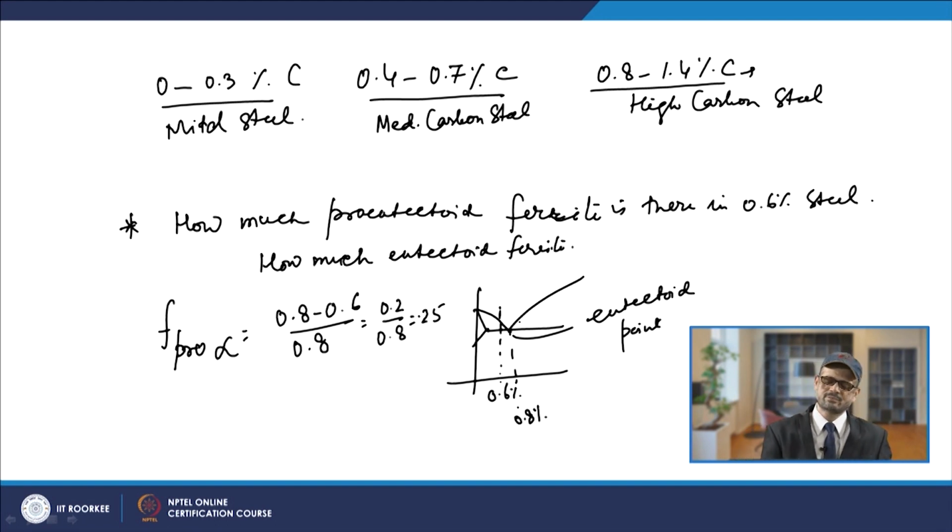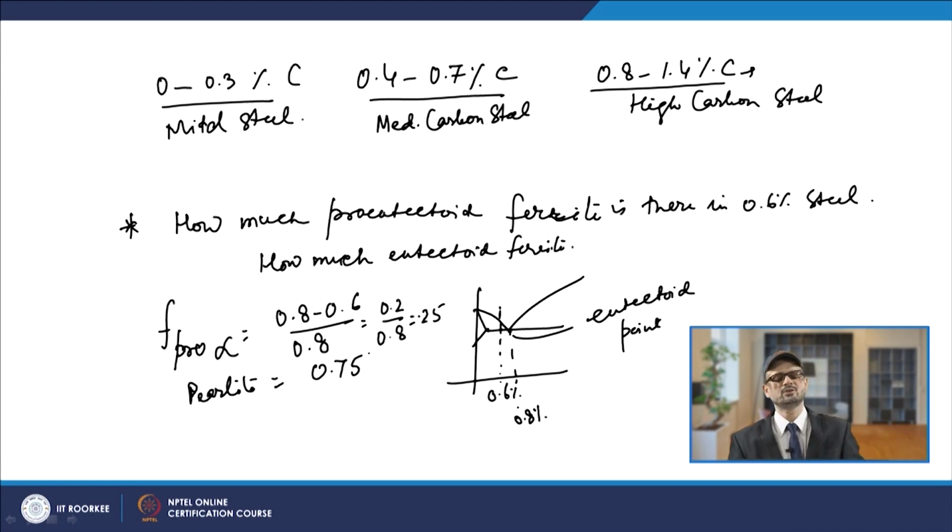The ferrite which is formed before this point will be pro-eutectoid ferrite. Now, at this point you will have the formation of pearlite, so you will have the rest as pearlite. So pearlite will be 75%, that is 0.75. Now, you are also getting the eutectoid ferrite.